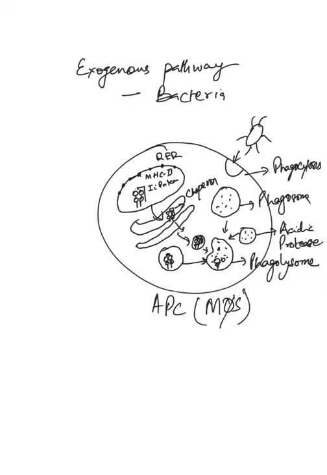Once it fuses, the peptide can be loaded onto it, and the CLIP peptide is removed, and the bacterial peptide or the antigenic peptide is loaded. And there are other molecules here. For example, HLA molecule is responsible for this process also. And finally, the peptide will be displayed on this MHC molecule on the surface, and then the T cell, the one with CD4 receptor, can recognize it along with the TCR.